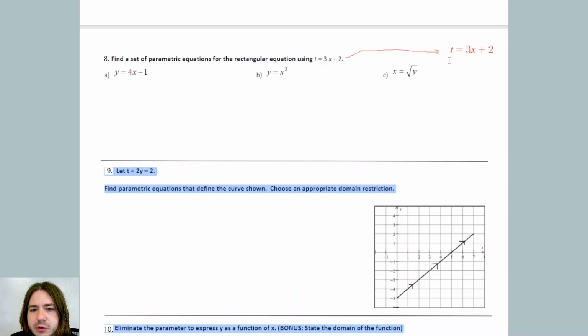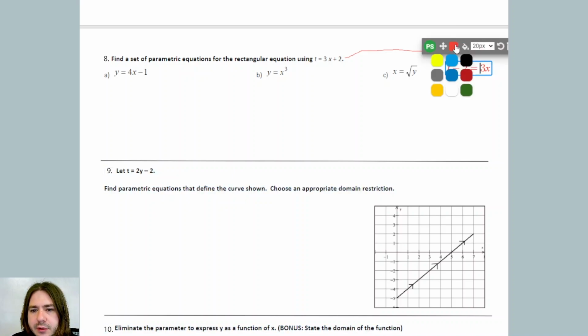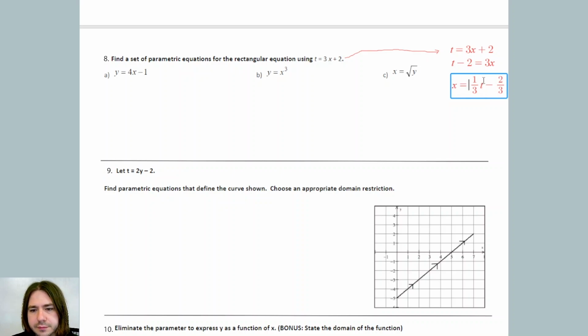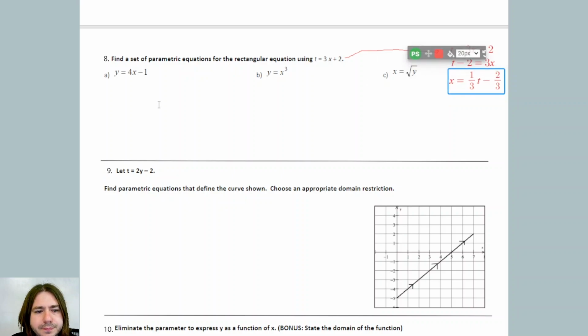I'm going to start by subtracting 2 from both sides, and then divide both sides by 3. So I'm going to end up with 1/3 t minus 2/3 equals x. And so this is going to be my x equation for each one of these sets of parametric equations.